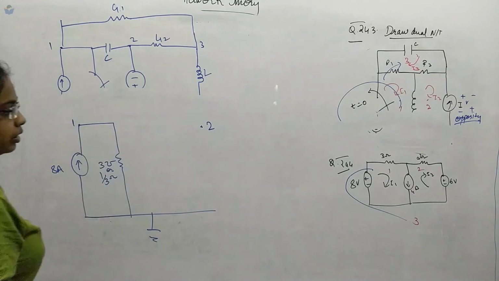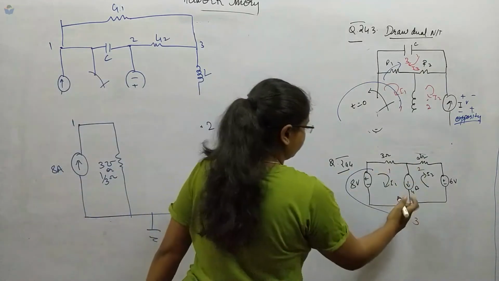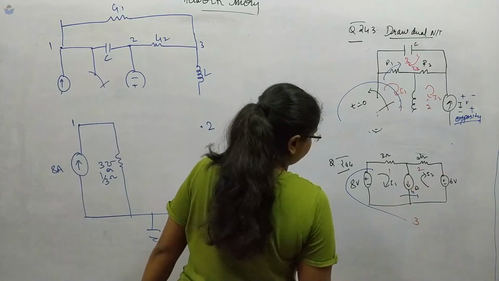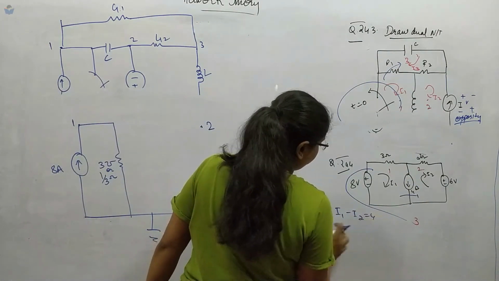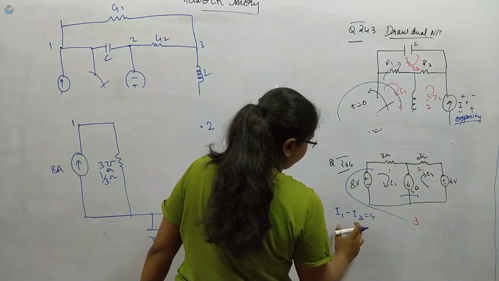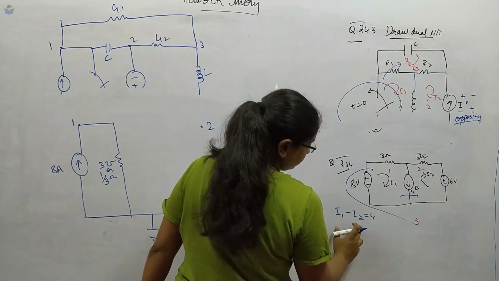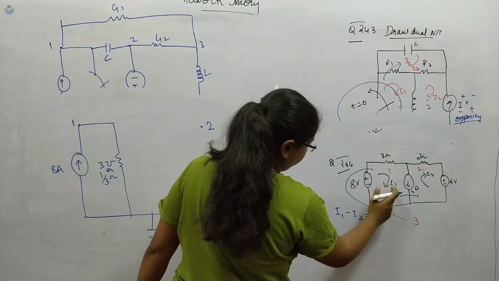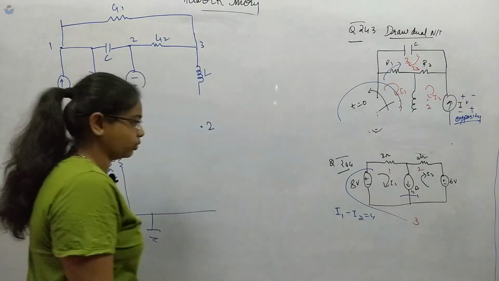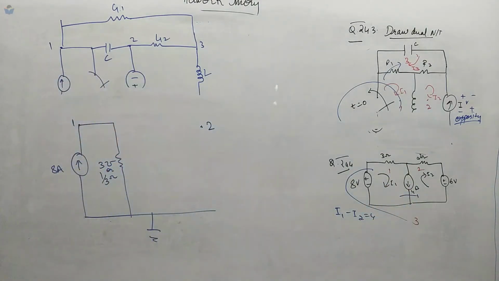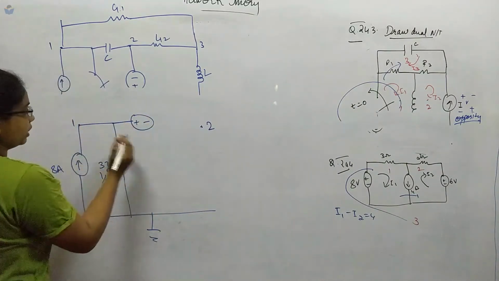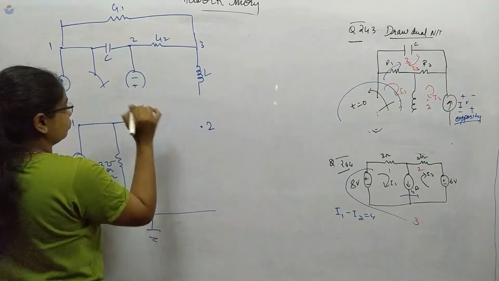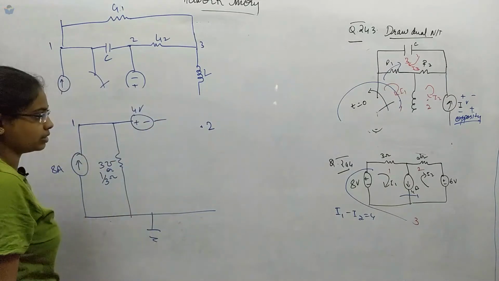Next, between 1 and 2 we have a current source of 4 amperes. Why have I taken I1 positive and I2 negative? It is because the direction of I1 is similar to this current source. That will be converted to a voltage source. Since it is towards I1, I take it as 4 volts positive on this side.